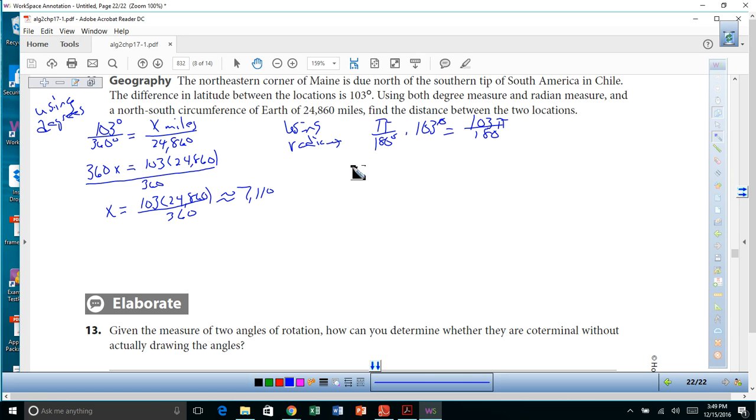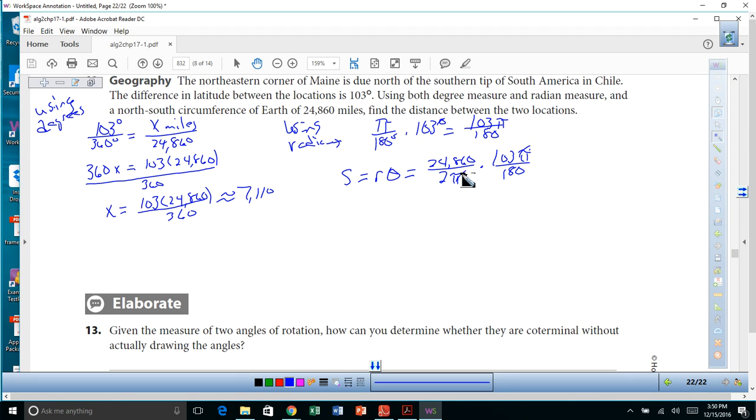All right, so S equals R theta, and that's going to be 24,860 over 2 pi times 103 pi over 180.